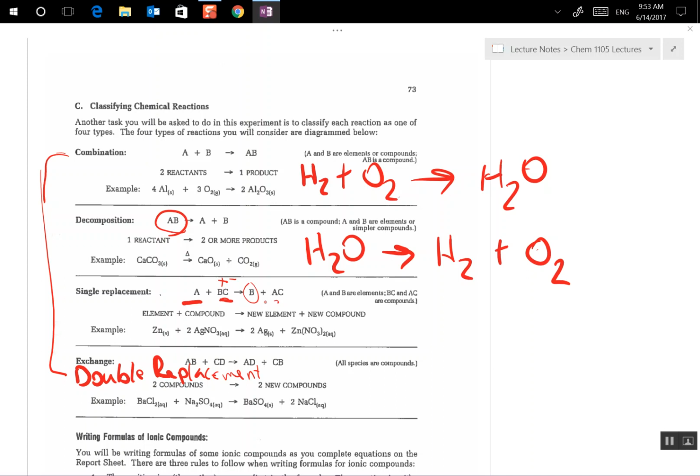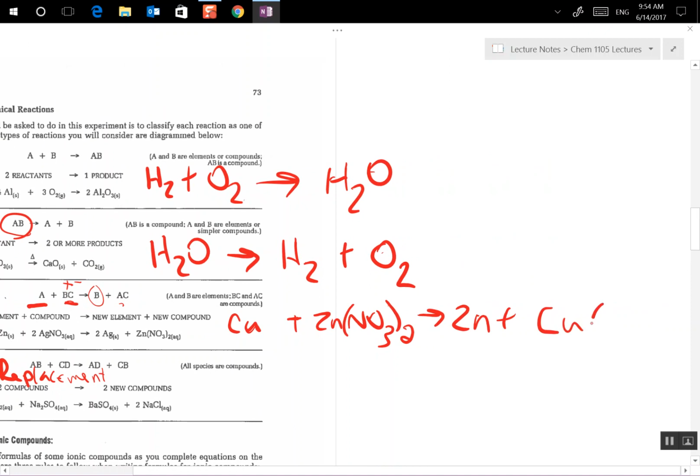Let me think of a good example. If you have something like copper plus zinc nitrate, then you would form zinc plus copper nitrate.